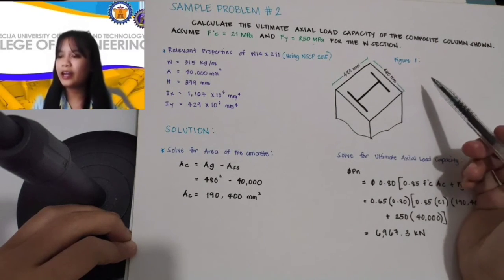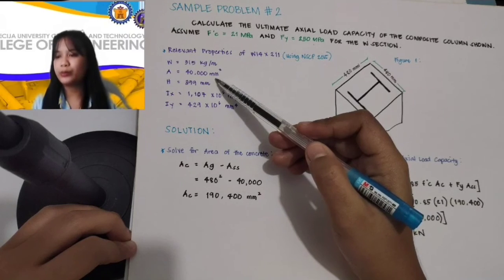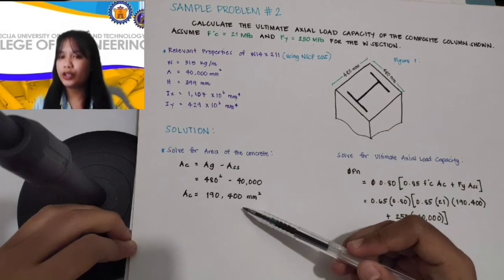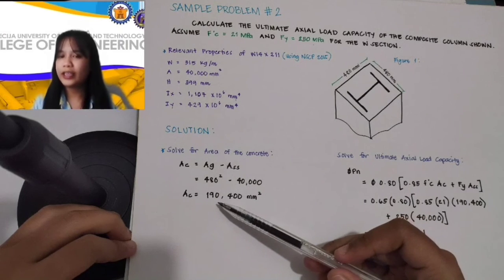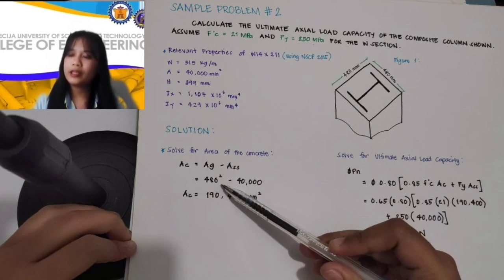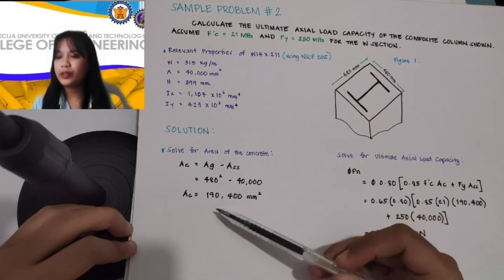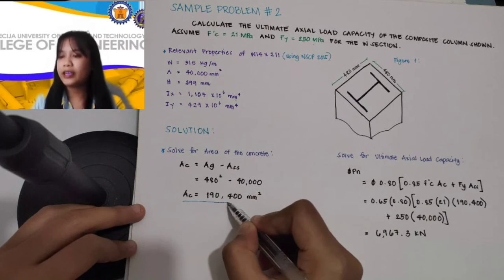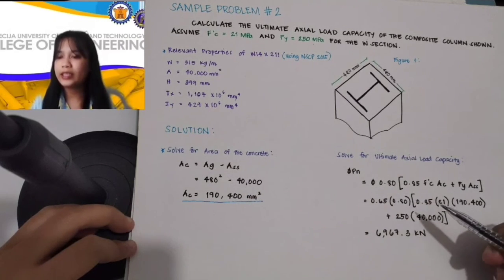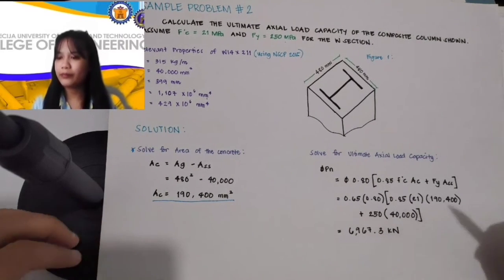Since the area of the steel is given, which is 40,000, we will get the area of the concrete right away. So Ac is equal to 480 squared minus 40,000 millimeter squared. So we will get the area of concrete, 190,400 millimeter squared.